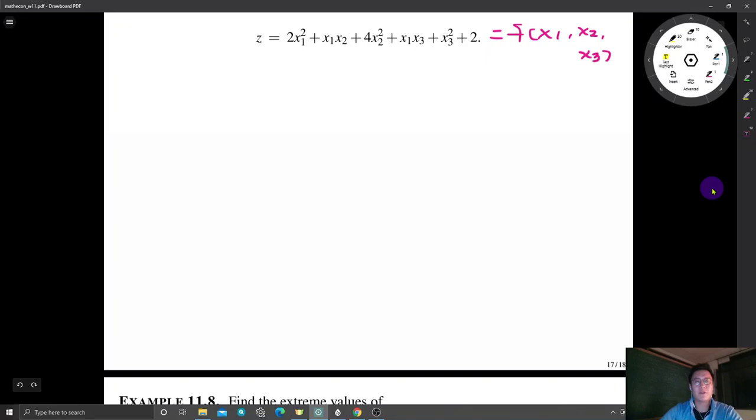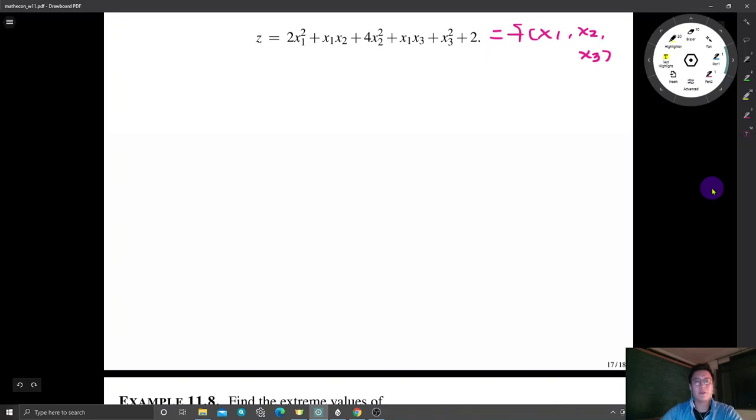x1 times x2 becomes x2. For x2 squared, constant. x1 times x3 becomes x3, and the other two terms are constant.